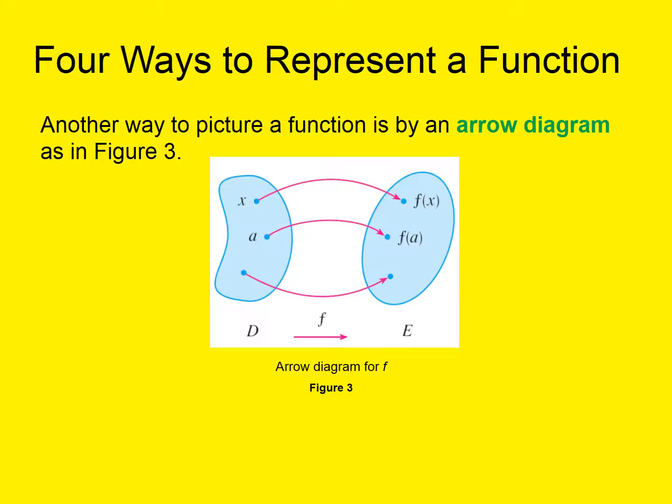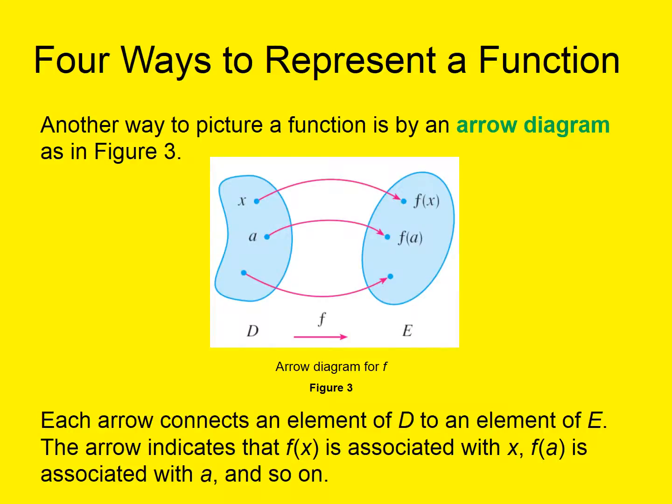Each one is mapped to f of whatever that is over on the right in the range. Each arrow connects an element of D to an element of E. The arrow indicates that f of x is associated with x. f of a is associated with a, and so on.